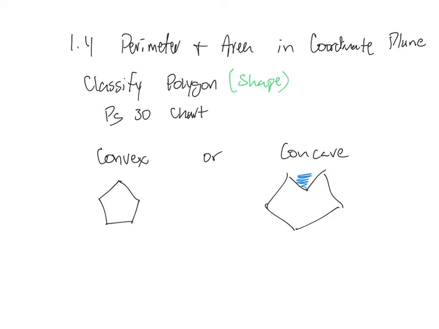I literally think of it like, could I pour water and it's going to sit somewhere? I could pour water in here and it would sit. No matter how I spun this one, it's just going to fall off the side. Nothing's going to hold itself. So concave, there's a little cave there, however you want to remember it.